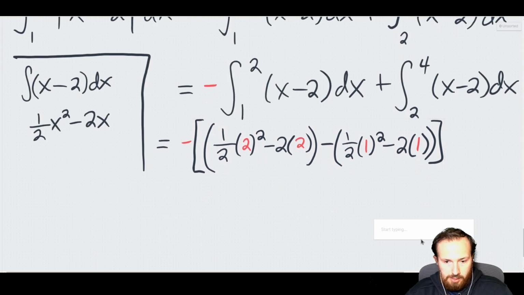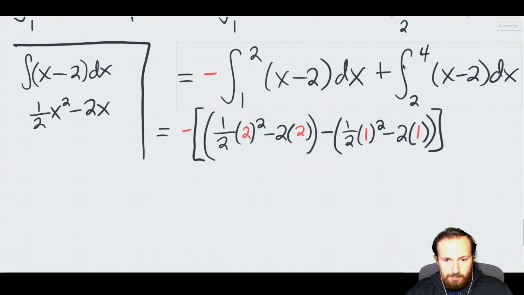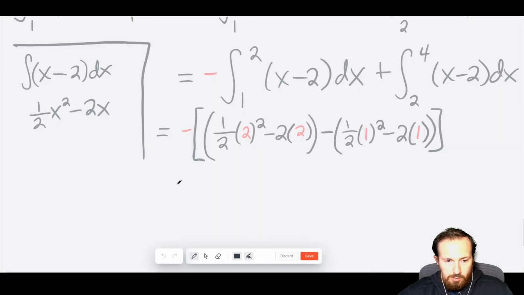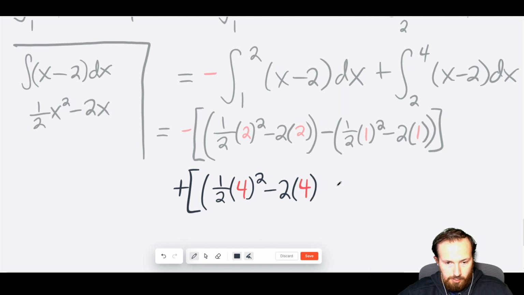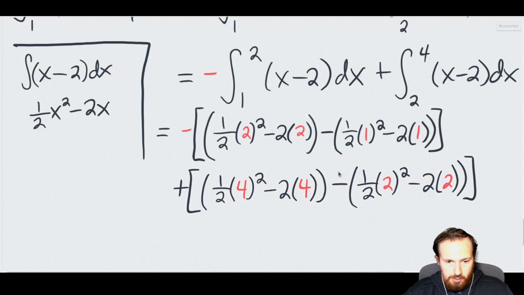That's the first part. That's this first integral. And then the next part is the second integral, which will be plus the integral, basically evaluating this function between 4 and 2. So that'll be 1/2 times 4 squared minus 2 times 4, minus 1/2 times 2 squared minus 2 times 2. So there you go.